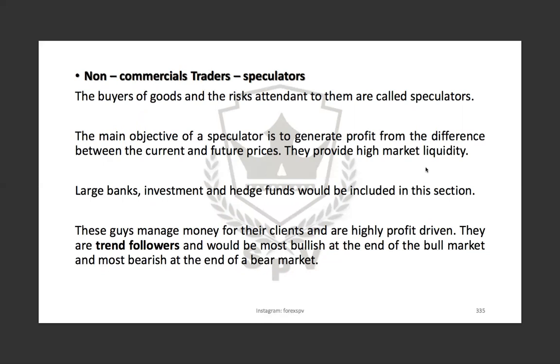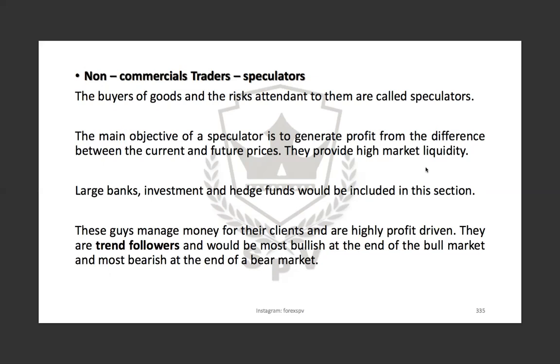And we have now the non-commercials. These are the large speculators, the buyers of goods and the risk takers. The main objective of speculators is to generate profit from the difference between the current and future prices. And they usually provide higher market liquidity.